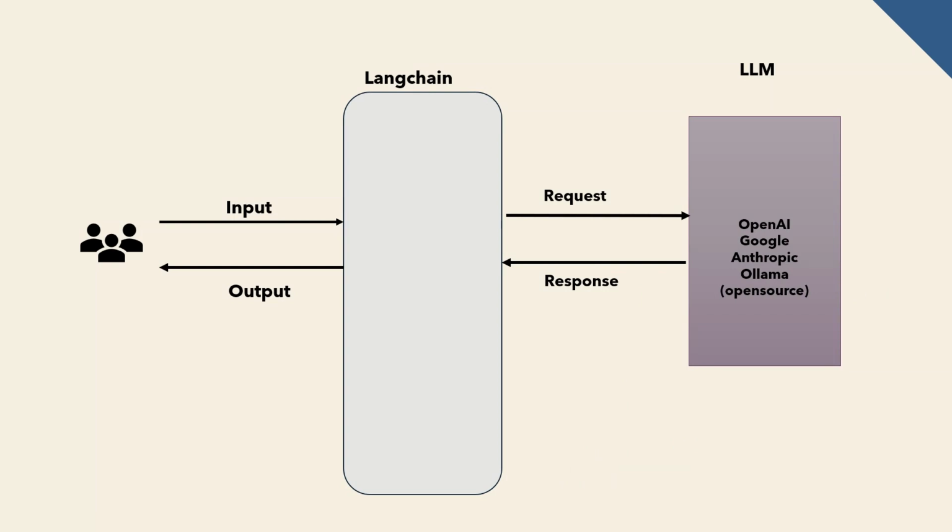So you don't need to understand how each model works or how to connect to them. Langchain handles all of that for you. It gives you the tools to focus on your app's logic, features, and user experience, while it takes care of talking to LLMs in the background. This means faster development, easier testing, and more flexibility to switch models or add new features, all without deep AI knowledge.